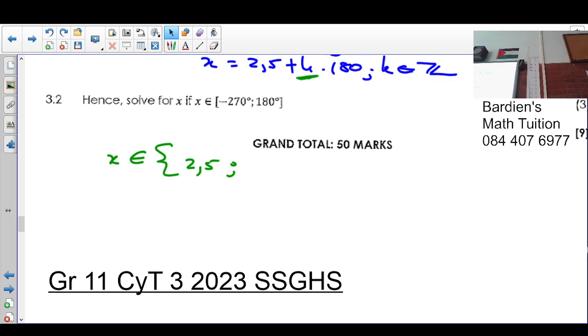So 2.5 minus 180, or you can say it's going to be 2.5 + (-1) times 180, I get -177.5. Is that inside or outside the given domain? Is it inside? Yes.